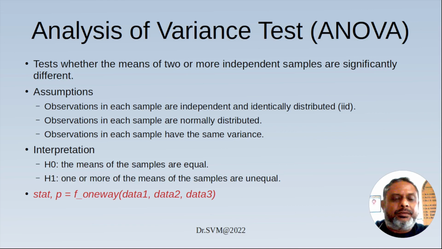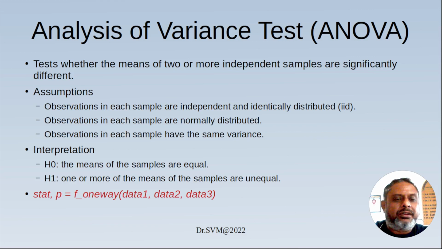Yes, we have a function f_oneway in Python, and we can pass two or more samples into this function, and we get stat and p as the outputs. P is the one which is useful in deciding whether the null hypothesis is rejected or not rejected.